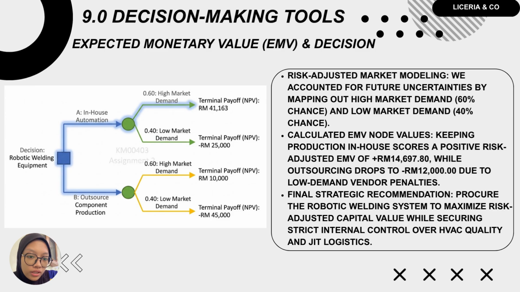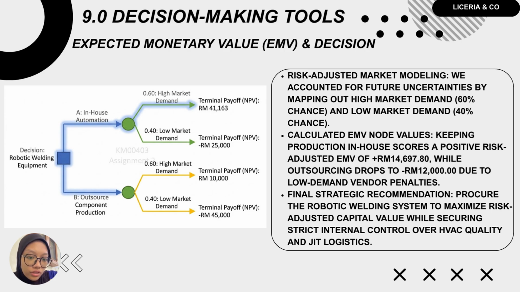Last but not least, to validate this decision in real-world conditions, we perform expected monetary value, EMV, decision tree analysis, modeling high market demand at 60% probability and low market demand at 40%.